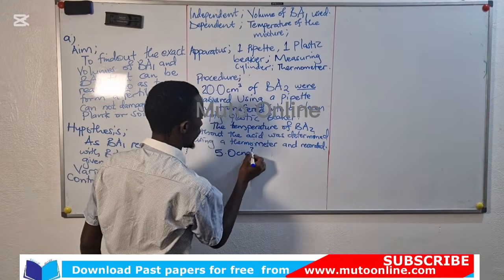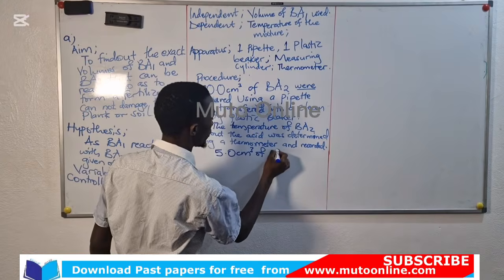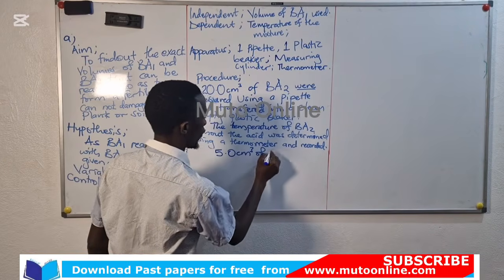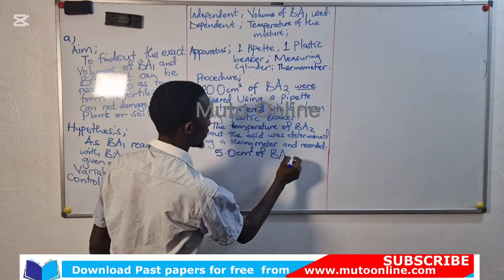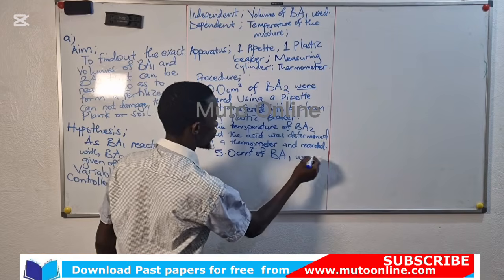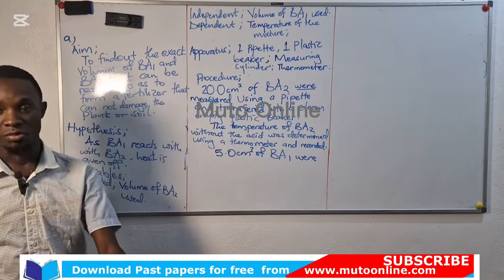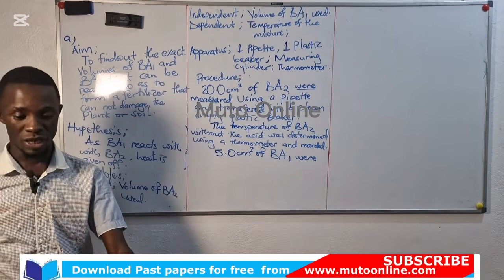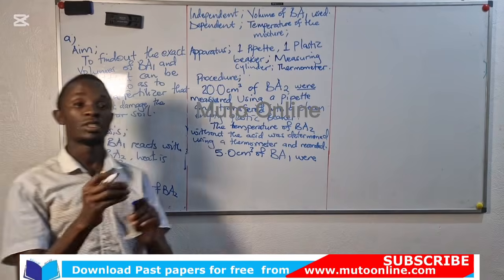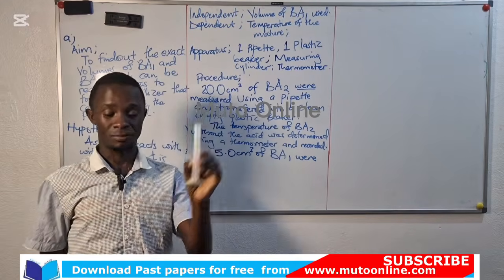5.0 cubic centimeters of BA1, where I'm going to use a measuring cylinder. I'm not going to use a burette. I'm going to use a measuring cylinder of 10 cubic centimeters.